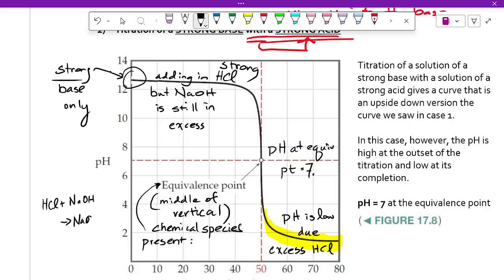Like salt. Well, we're starting with a solution and we're dripping solution into it. So is it already in water? Yes. So what do we have left when we get to the equivalence point? We have salt and water. There's no acid, there's no base. These are all gone at the equivalence point.